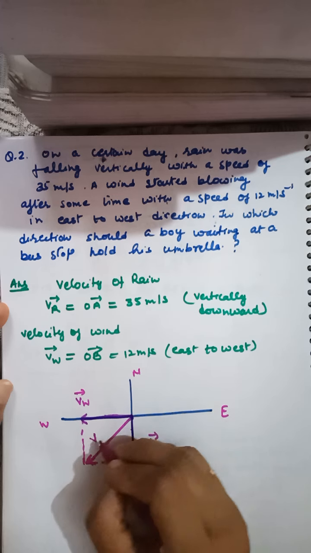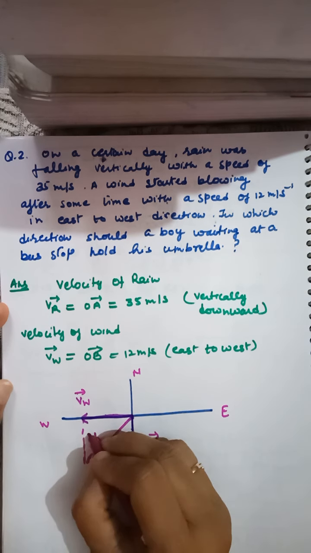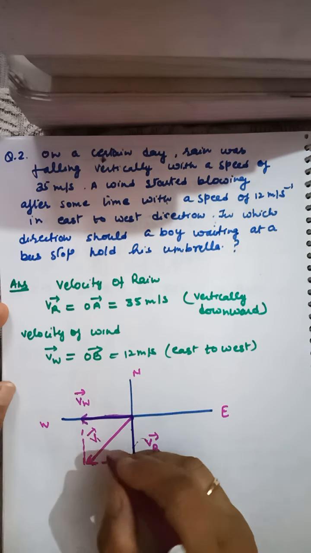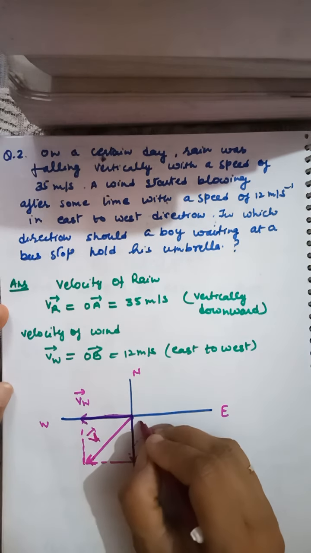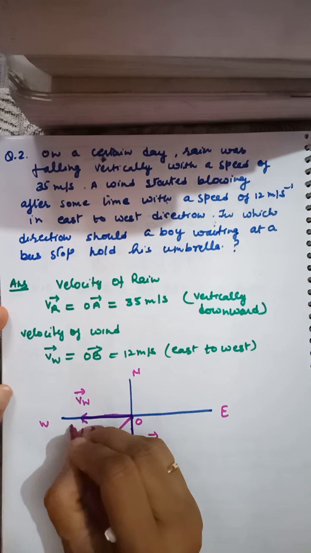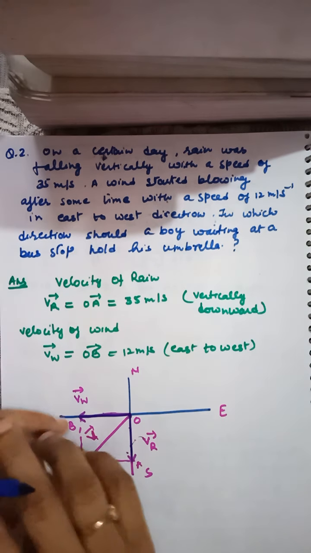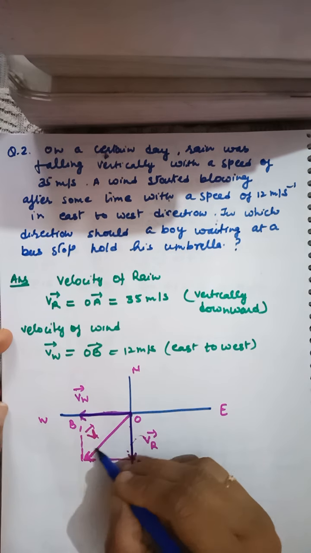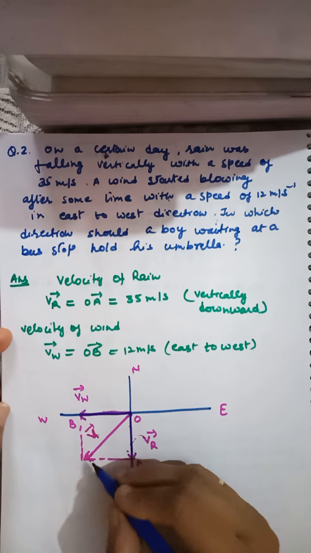Resultant velocity of these two vectors, this is not VR, we are taking only V because here we have taken VR. Now this is O, this is the point A, and this is the point B. Clear?